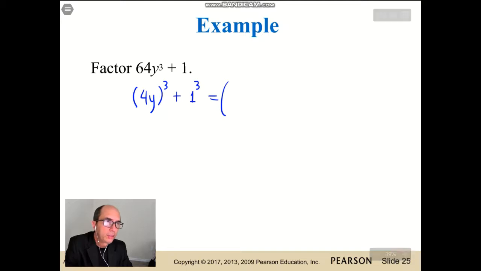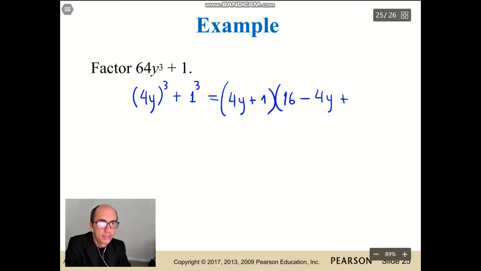This can be factored as 4y plus 1 times 4 squared, that means 16, minus, because this is plus, minus, ab, 4y times 1, 4y, plus b squared, 1 squared, which is 1.